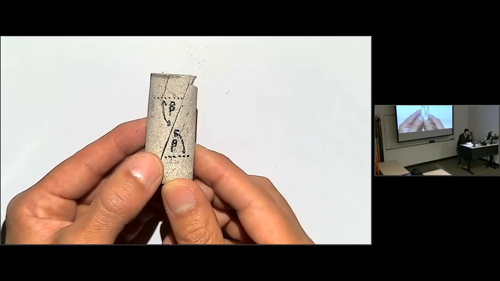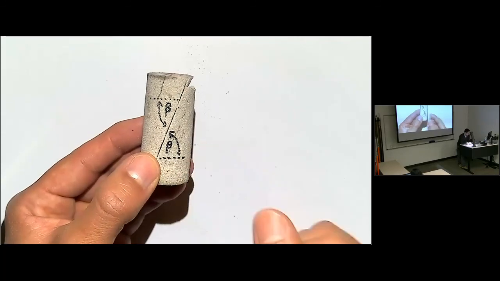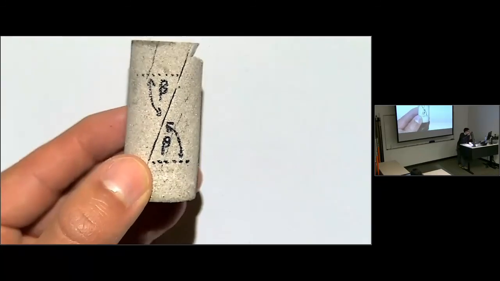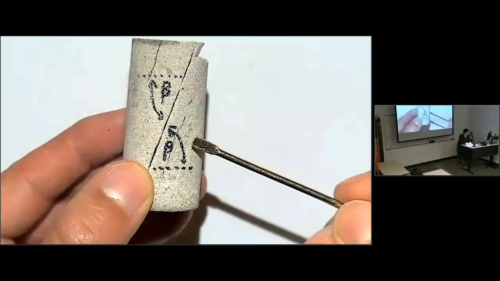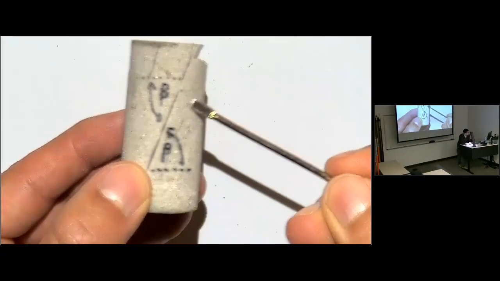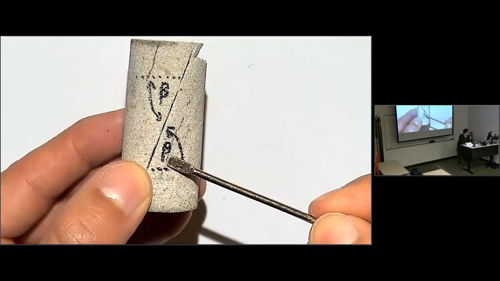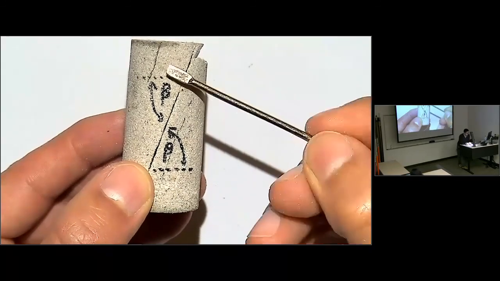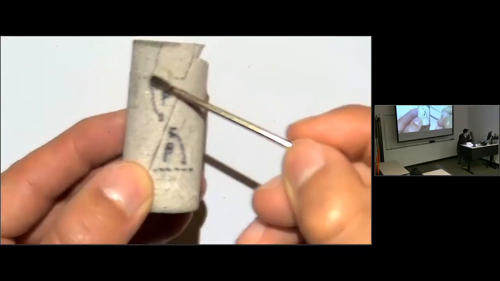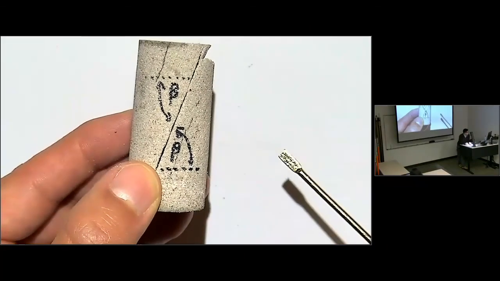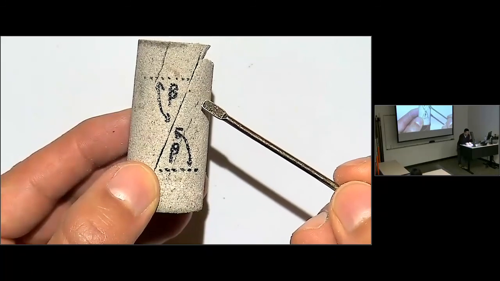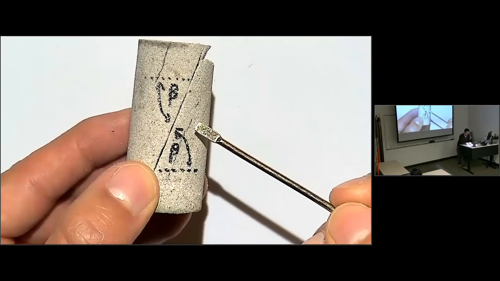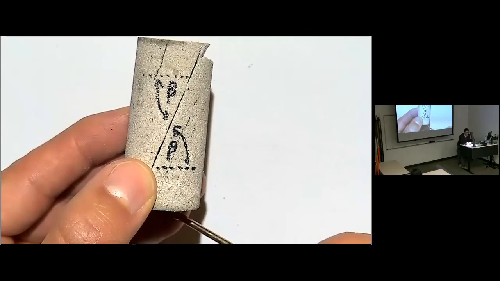And there is something also very particular in this sample. I don't know if you can see, but there is a small streak over here. That's actually natural. I didn't draw that. And that one too. And what that means is that the rock preferentially failed in this condition also as a function of this streak.